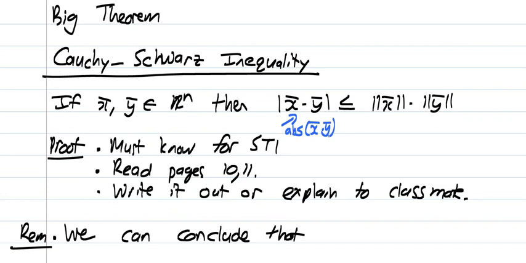Remember, if x and y are vectors, the dot product is a number, and we take the absolute value of x dot y. That is always less or equal to the norm of x times the norm of y. All right, guys? This is a huge result for this chapter. So you must know the proof for semester test 1. I'm not going to do it in this video, so please read pages 10 and 11.